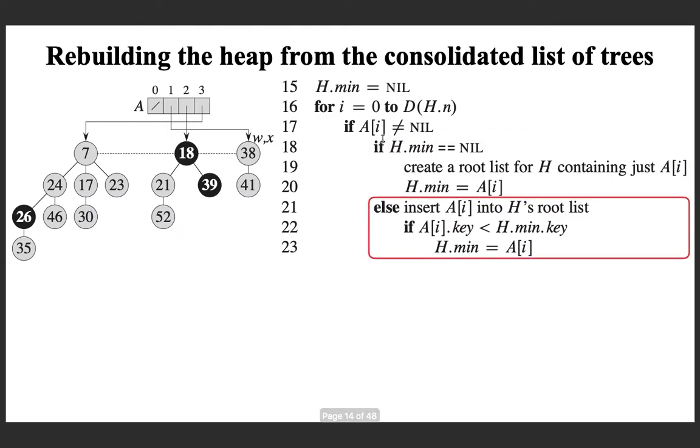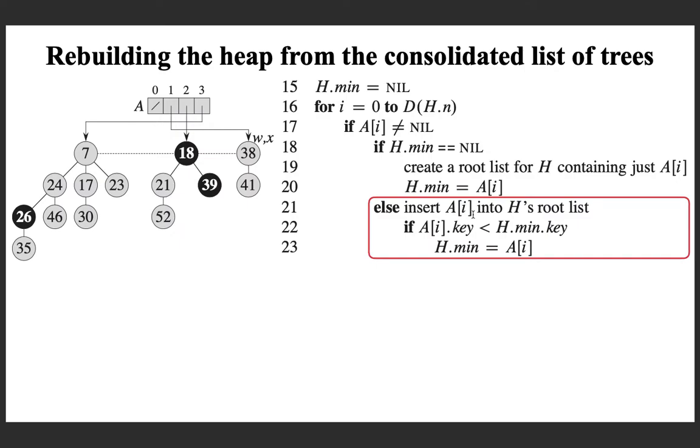Else means you are coming to an index where there is a tree, but h.min is not nil. Then what do you have to do? Definitely you have to take that tree and insert it into the root list, and that is what you are doing here. Take that tree and add it to the root list, and then you have to see whether the newly added tree has the minimum key value.